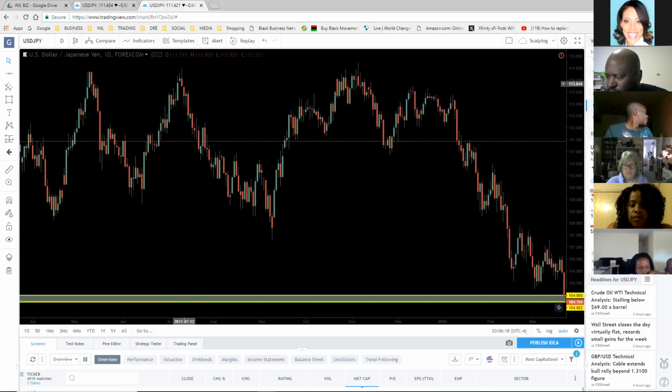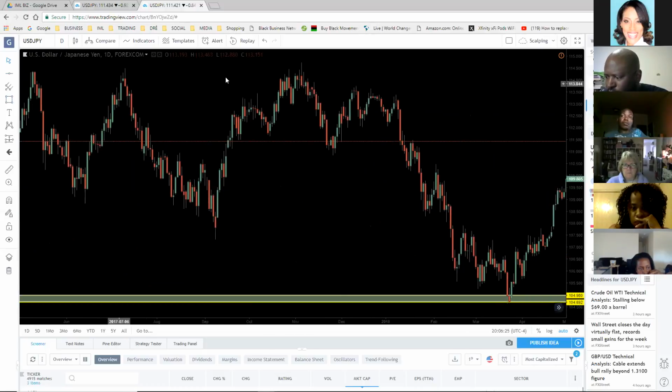There's a coffee right there. Okay. I was looking for maybe a longer red candle like this, just around the same area.